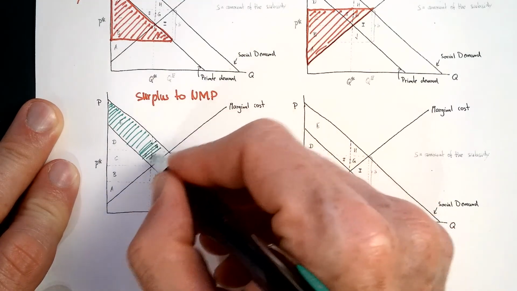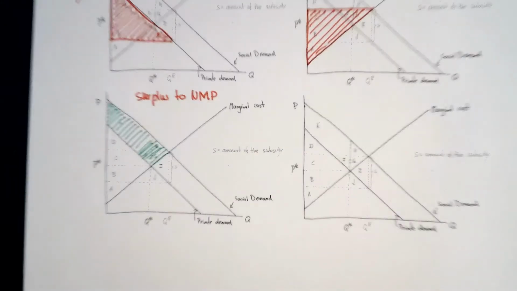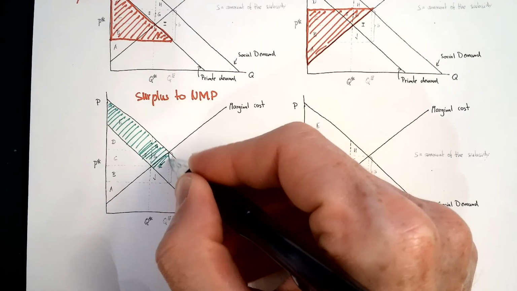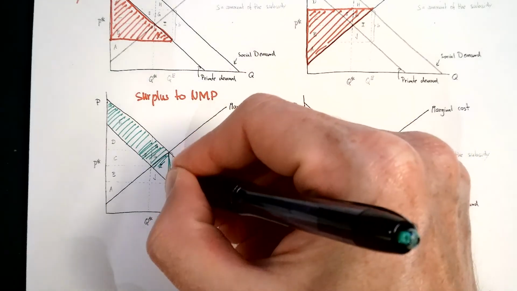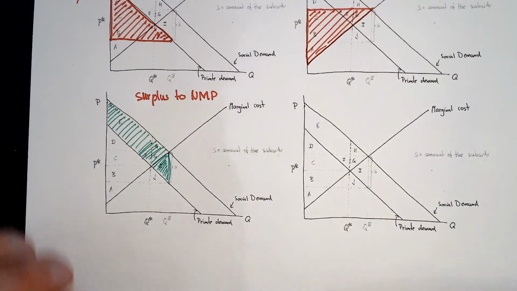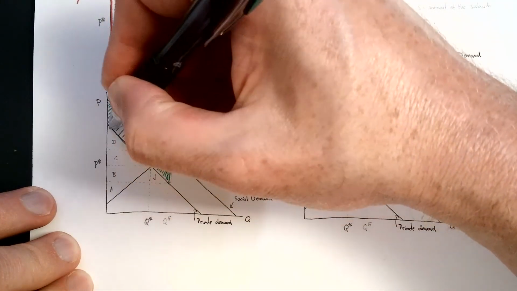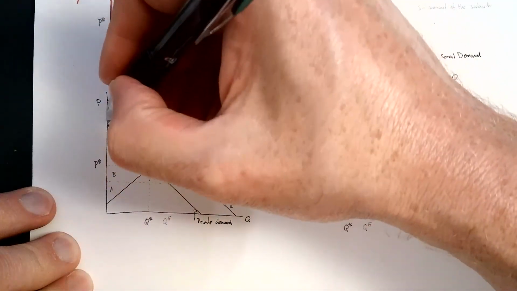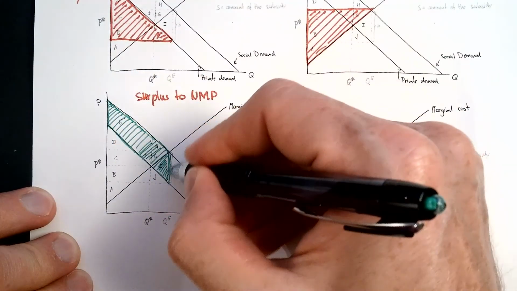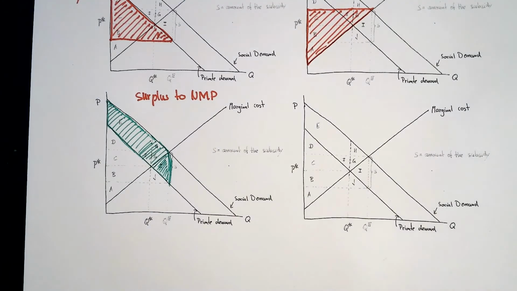Okay, so now we have the surplus to non-market participants, which is represented by this area here.